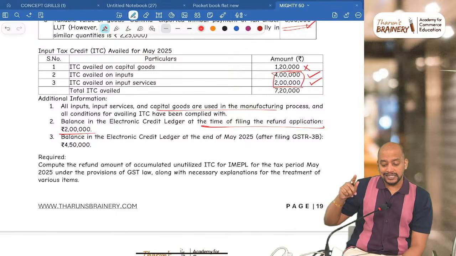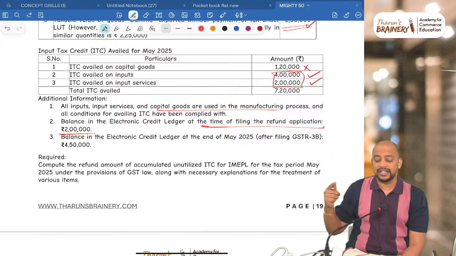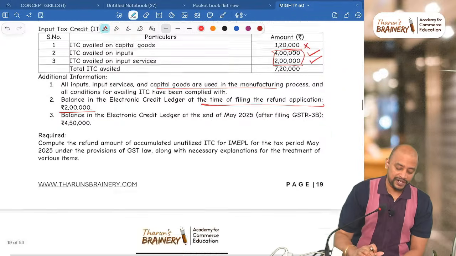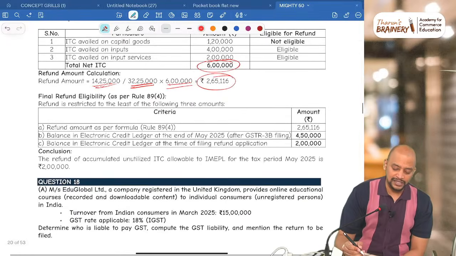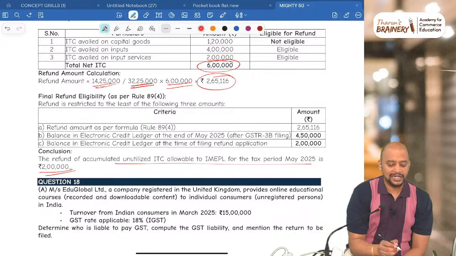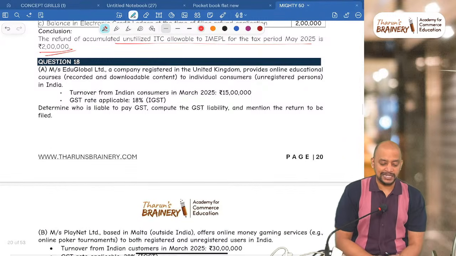Balance in credit ledger for the month for which we filed, that is May 2025, after filing 3B, 4 lakh 50, but we need to take whichever is lower as the refund. So therefore whichever is lower of these 3 will be 2 lakhs. Therefore refund of ITC is only 2 lakhs in the present case. Understood?